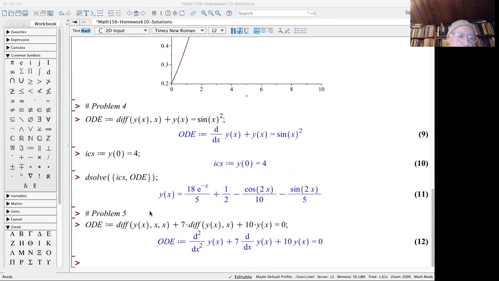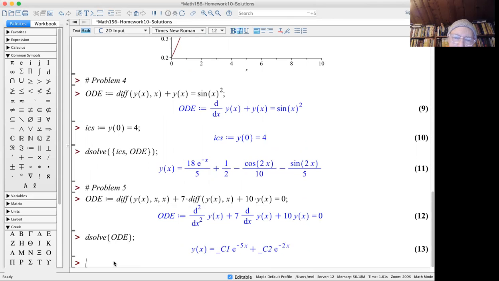There's no initial condition, so we just want the general solution. Dsolve the ODE. That's what it is. It's a linear combination of e to the minus 5x and e to the minus 2x. This is a constant, C1. This is a constant, C2.